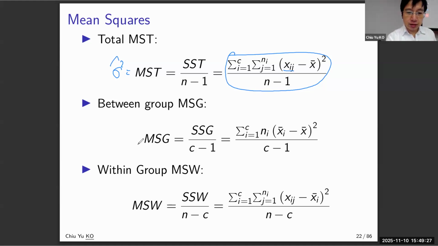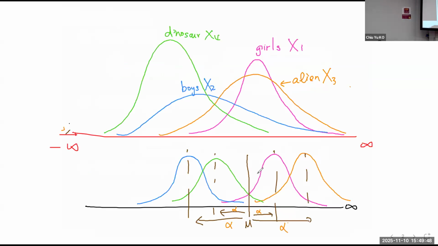So the second one is called the MSG. What is it measuring? Let me show the picture. MSG is measuring more. You look at the data from here, you come up with sample mean.